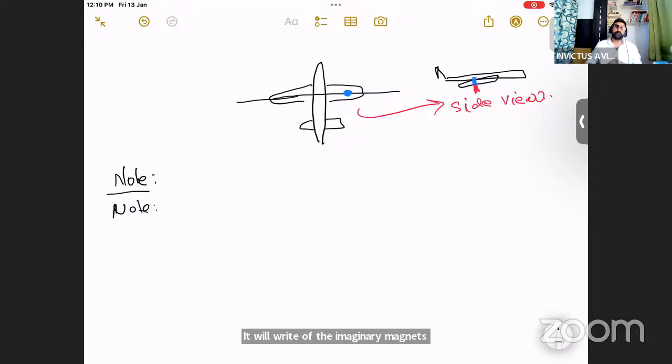Write down the next point. Very important point.